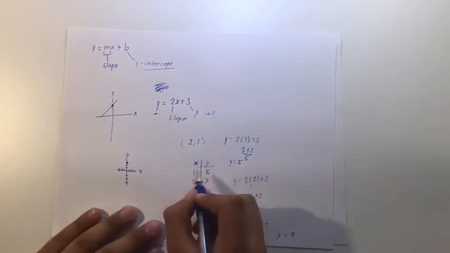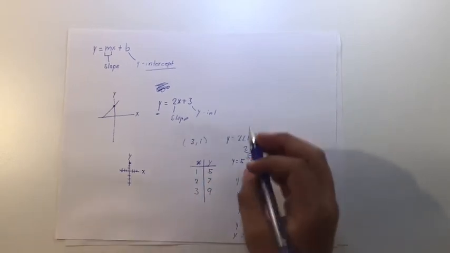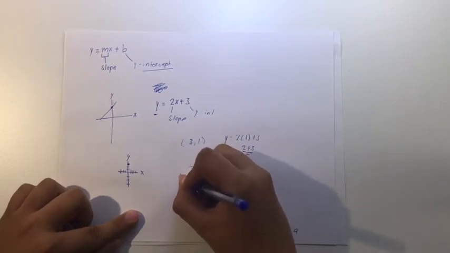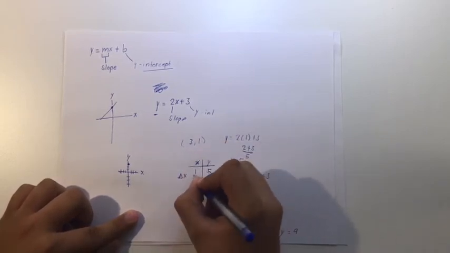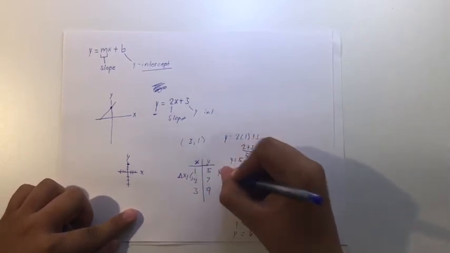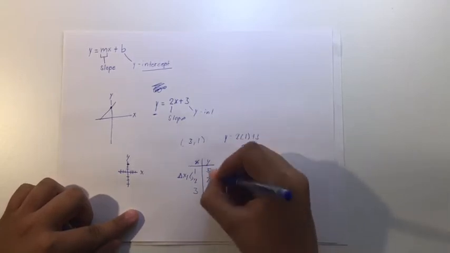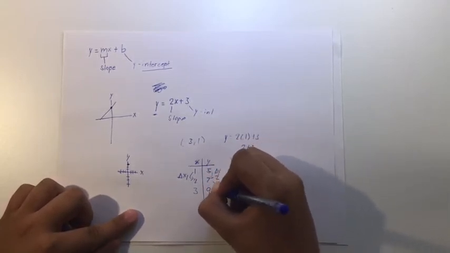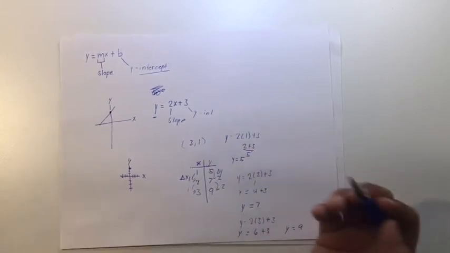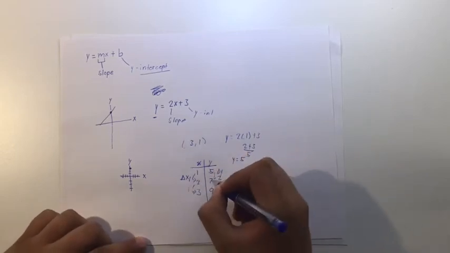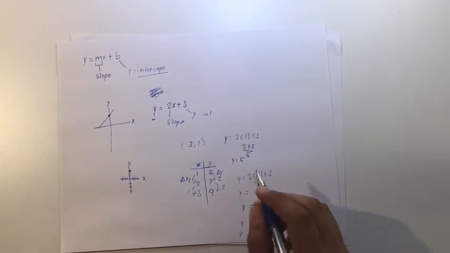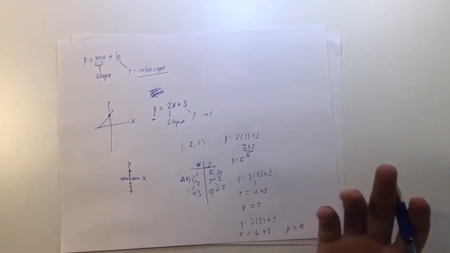So in our table here, x is constantly changing by 1, and y is constantly changing by 2. I put the table here to see what the slope was, to confirm it.